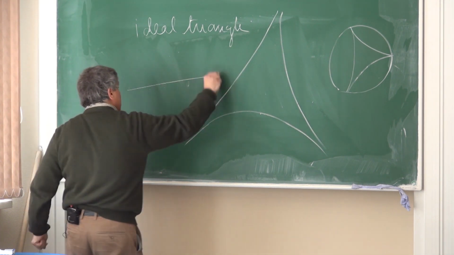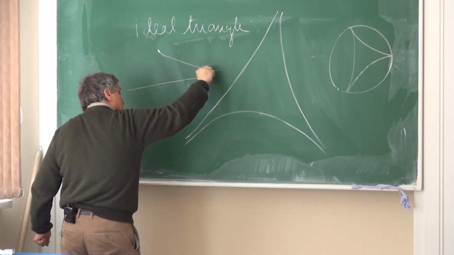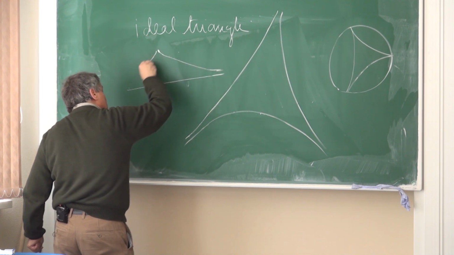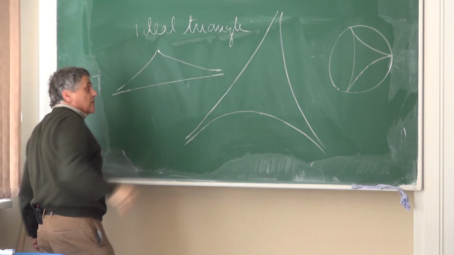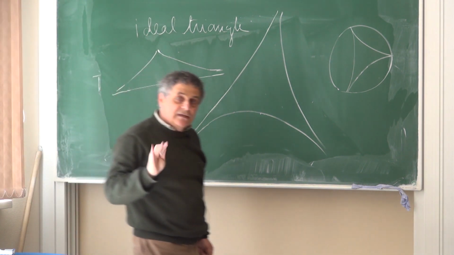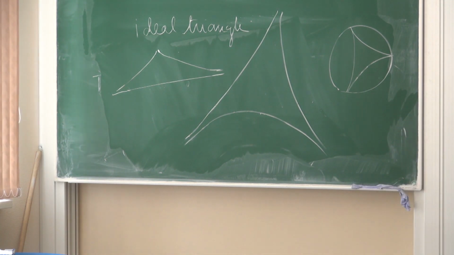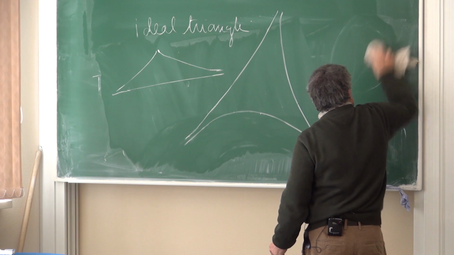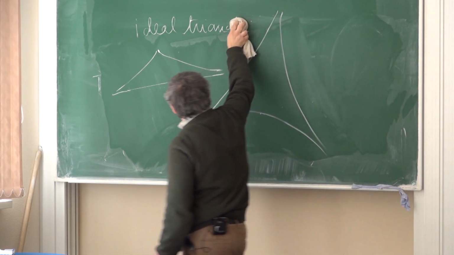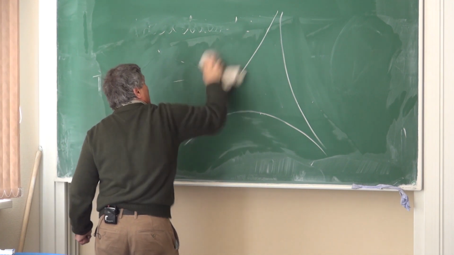When you have a line, at any point off the line you have an asymptote here and an asymptote there, and then when this point goes to infinity, you find an ideal triangle. We just need to know that you have ideal triangles in hyperbolic geometry.